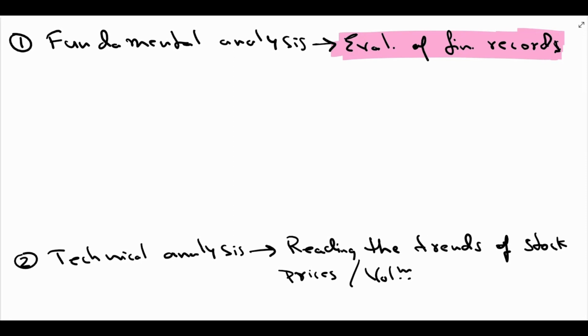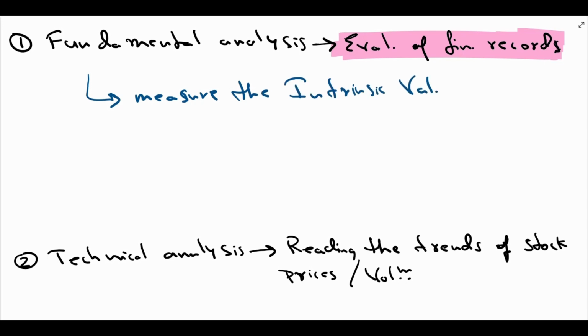When we are evaluating securities, we are trying to measure the intrinsic value. So what is our objective over here? First, measure the intrinsic value. Now, what is intrinsic value?